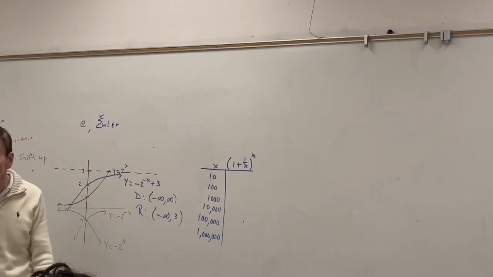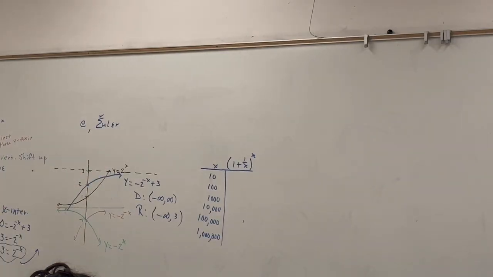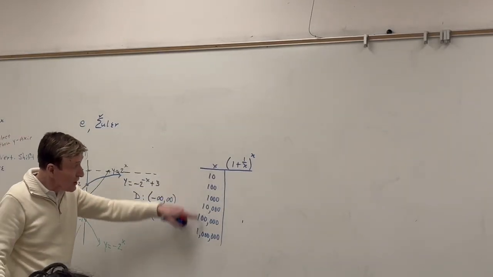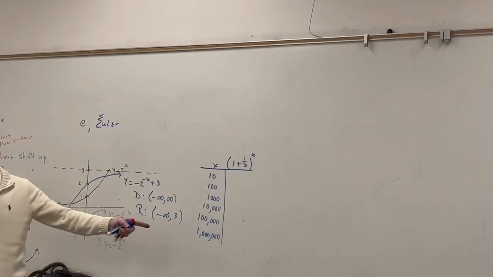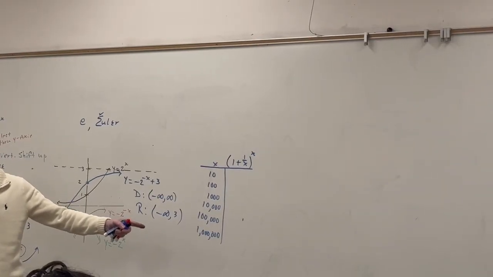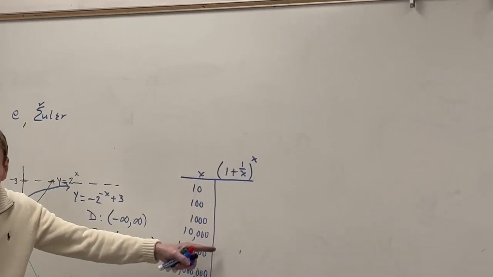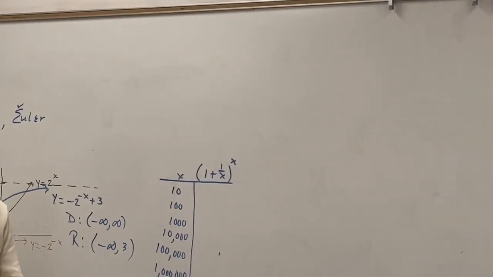Right now, I'm trying to find the limit as x gets large, as x approaches infinity. What effect does it have on this expression? That's what Mr. Park and I are going to look at.